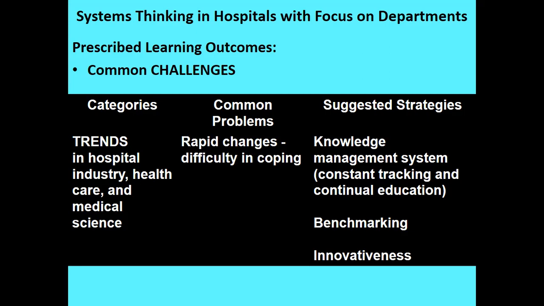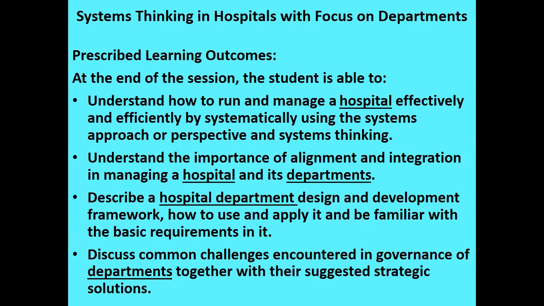Then you also do benchmarking with other hospitals, local as well as abroad, and make use of your innovativeness to respond to the trends, because you cannot really follow all the trends in medicine and healthcare. It's very expensive.